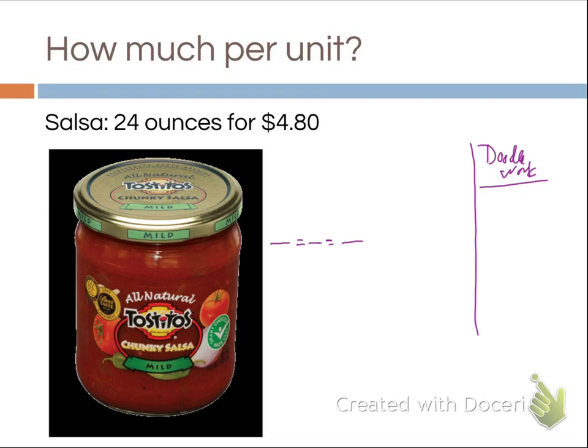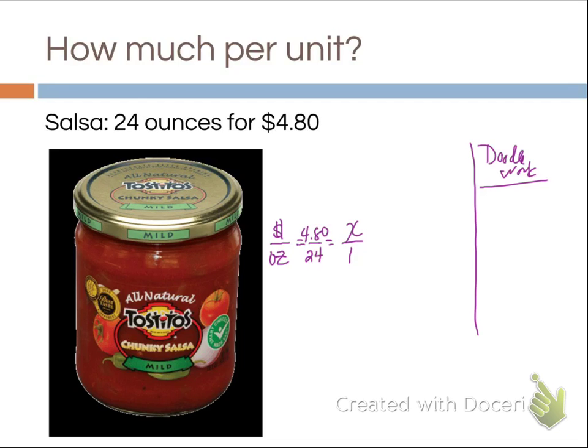When I think about the things I'm comparing, money to ounces, how much it costs per ounce, right now we know that it's $4.80 for 24 ounces. We need to know how much it costs for 1 ounce. Unit rate is for 1. So for 1 ounce is what I'm looking for.